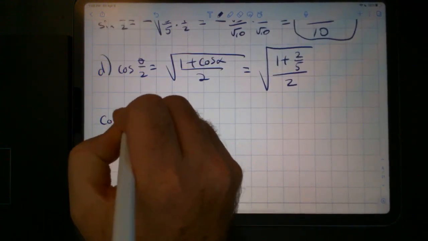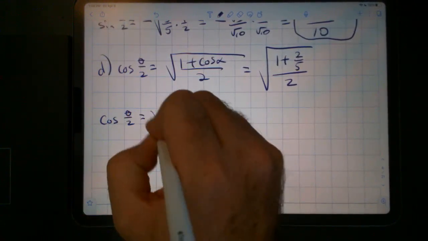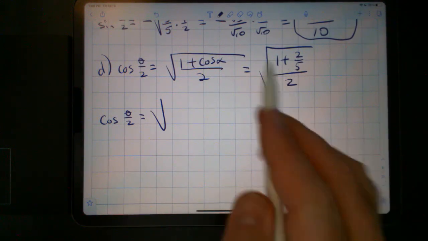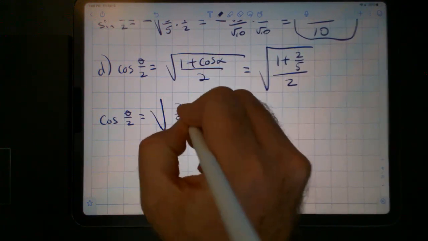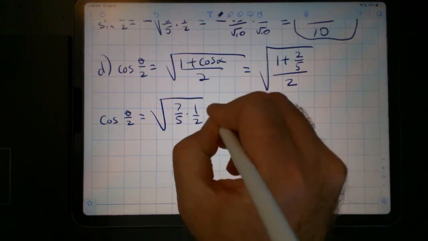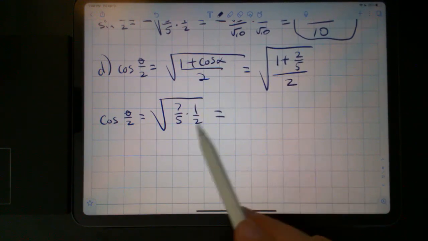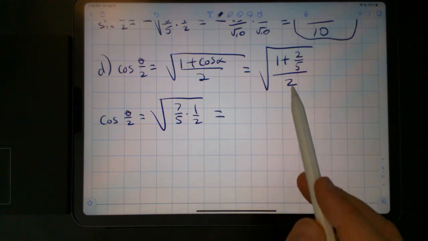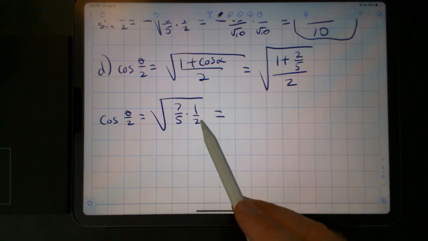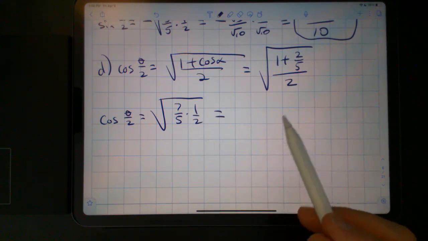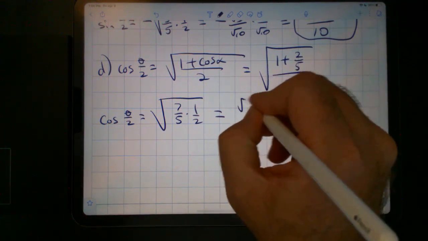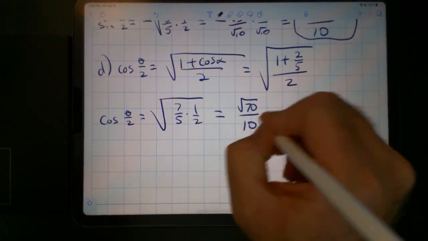So that cosine of theta over 2 is equal to square root of 7 over 5 times 1/2, because 5 over 5 plus 2 over 5 is 7 over 5. Divided by 2 is the same thing as multiplying by 1/2. And then you can rationalize the denominator. This gives us radical 70 over 10.